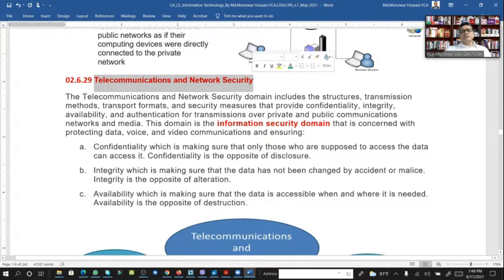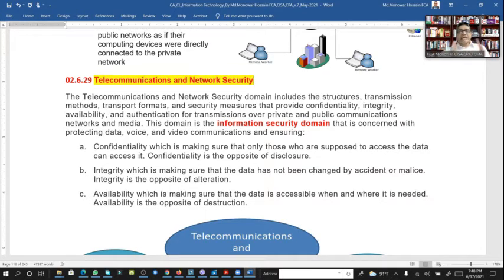Communication and network security: the telecommunication and network security domain includes the structure, transmission methods, transport formats, and security measures that provide confidentiality, integrity, availability, and authentication of transmission over private and public communication networks and media.